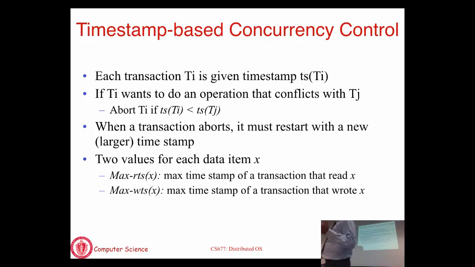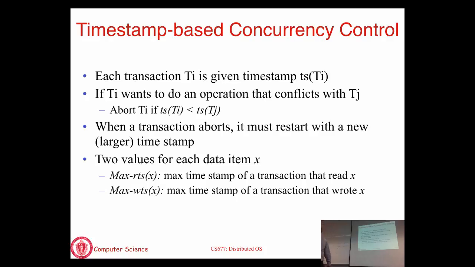Because you are trying to read something, and the transaction that started after you has already gone and modified it, so that might result in a conflict. So you are going to abort the transaction, because you can't have a newer transaction that's modified data impacting an older transaction. And we are simply going to use timestamps to enforce this property.